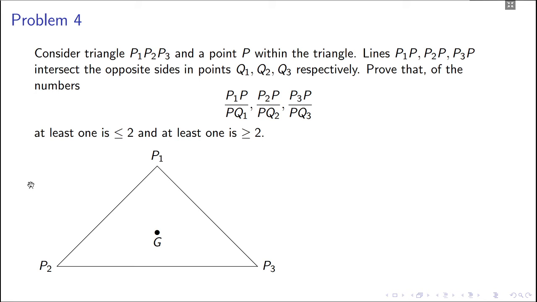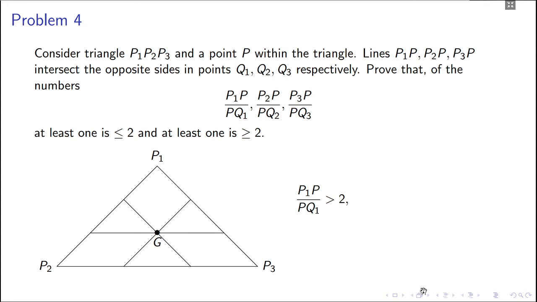So the best thing that you can do here is to look at lines which are parallel to the sides. You draw lines, this one parallel to this side, this one parallel to this, and this one parallel to this. Now let's say all three ratios are greater than or equal to 2, what happens then? If P1P by PQ1 is greater than or equal to 2, then P has to lie below this line, in this region somewhere.